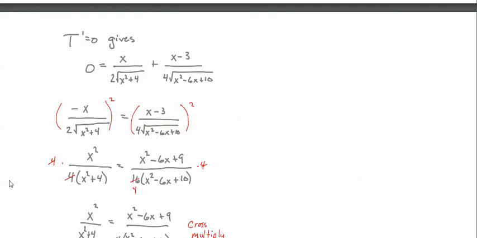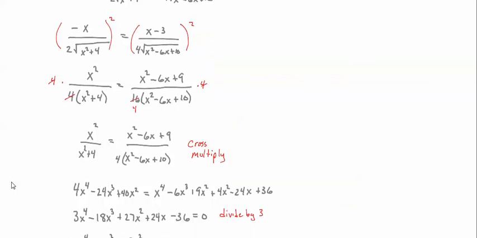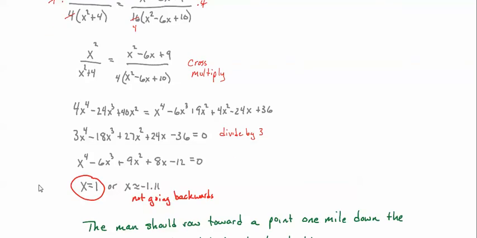When I square both sides, I'll end up with x squared over 4 times parentheses x squared plus 4 equals x squared minus 6x plus 9 all over 16 times x squared minus 6x plus 10. Multiply both sides by 4 to simplify. Now I cross multiply, have some hideous polynomials. Some x to the 4ths going on.